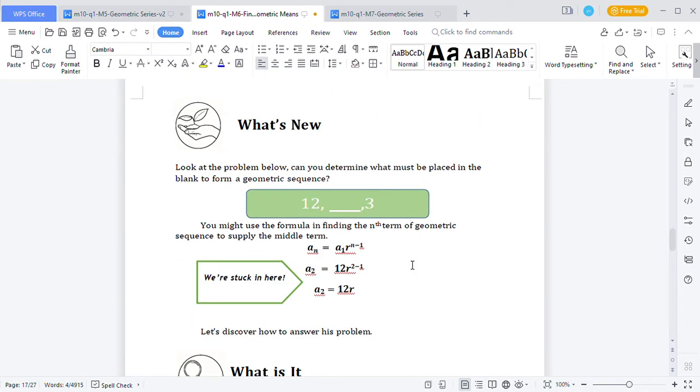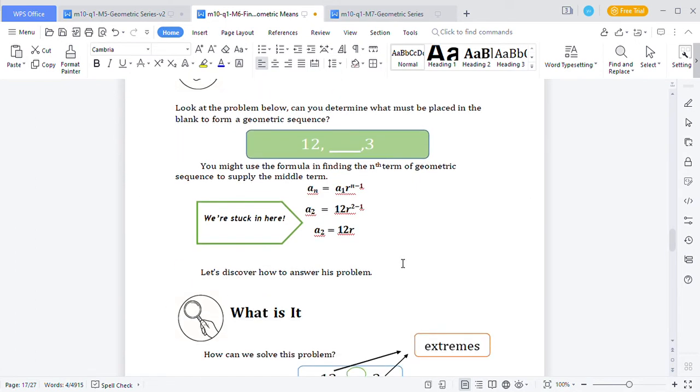So what if we have a sequence of three terms, and the middle one is unknown? So 12, and then your second term is unknown, and then you have the third term as 3. Of course, your first thinking is for you to use the formula.